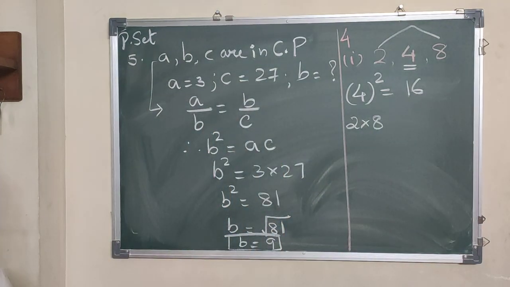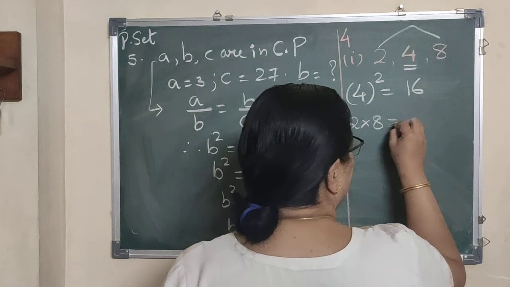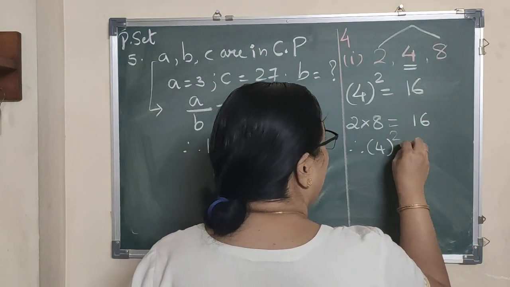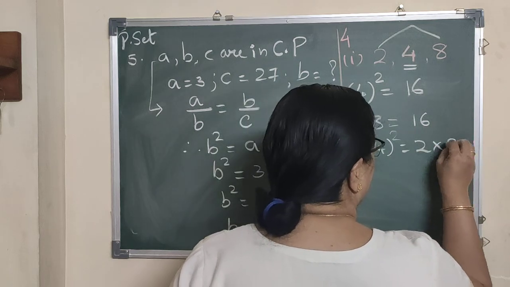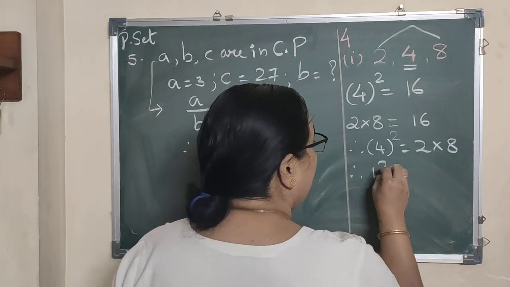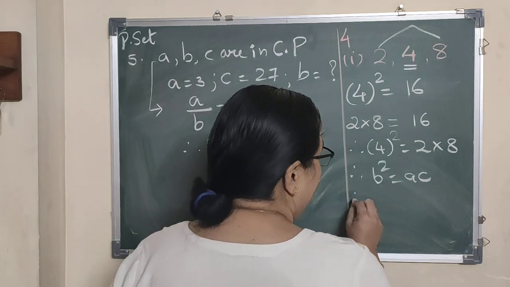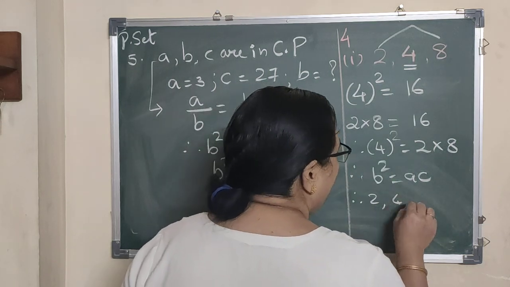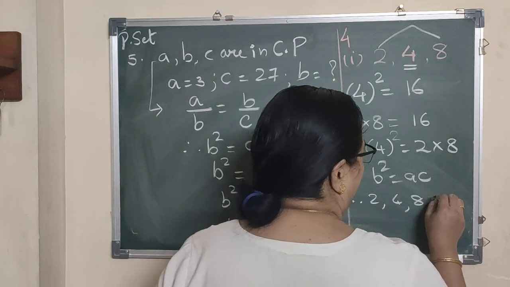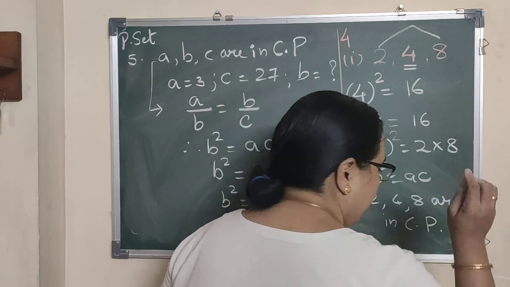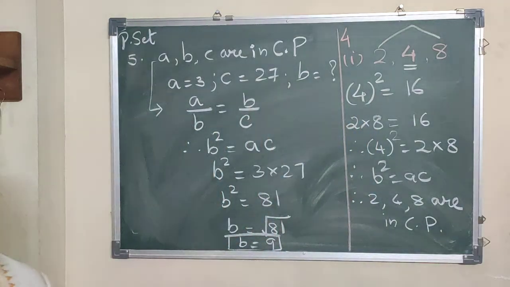What is 2 8s? That is also 16. Therefore, what do we conclude? 4 square is 2 into 8. Therefore, B square is equal to AC. Therefore, 2, 4, 8 are in continued proportion. Is this very clear?